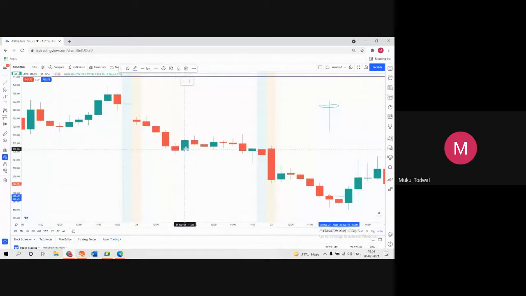So this is not an example of bullish engulfing. And after it, I don't think there is any other pattern forming. No, no other pattern is forming as of now. If you believe any pattern is forming, you can tell me.